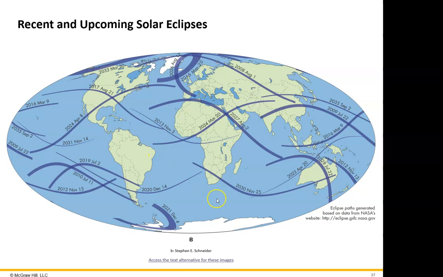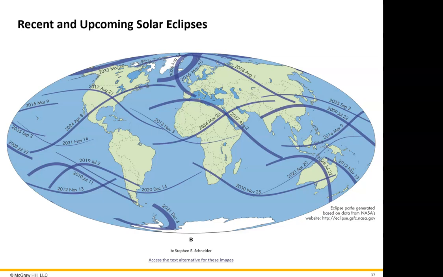I mean, there's one going over the southern part of Africa in 2030, and it looks like it's going to go across Australia. Oh, 2028 looks like a good one across Australia too. And 2023, maybe in Alaska, northern Alaska, in March.